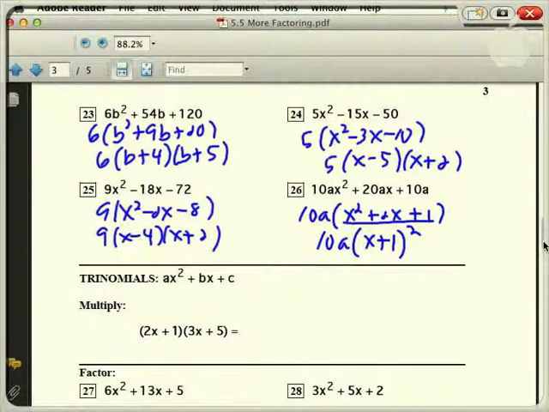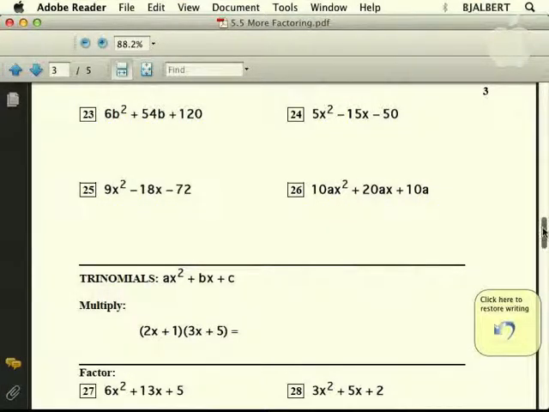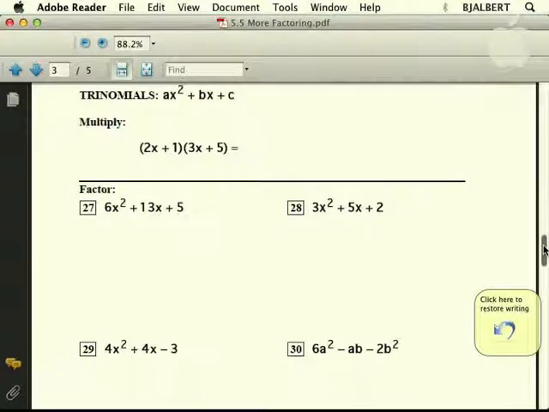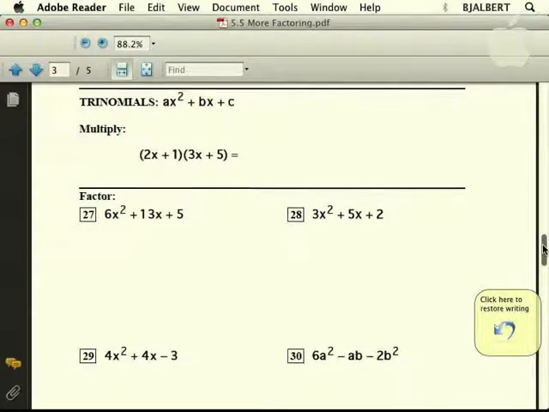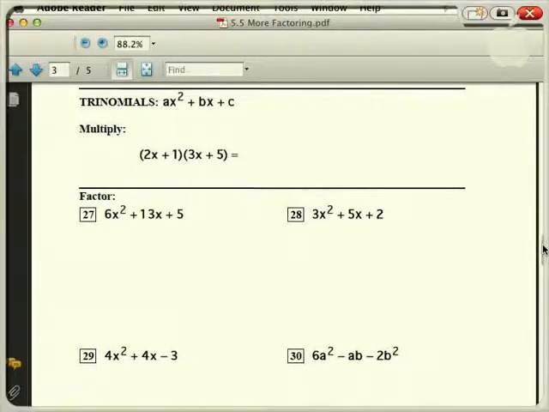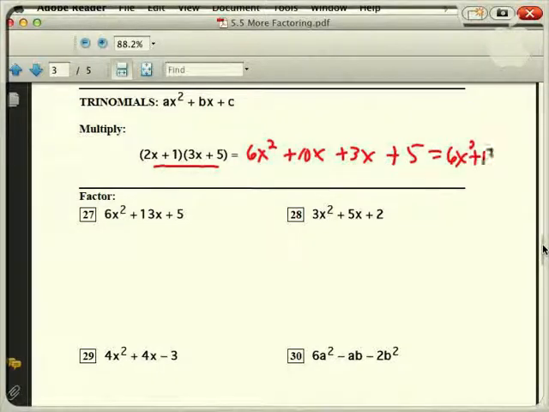Okay, next kind. What happens when your leading coefficient isn't 1? Well, if you multiplied this out, you'd have 6x squared plus 10x plus 3x plus 5, which equals 6x squared plus 13x plus 5.